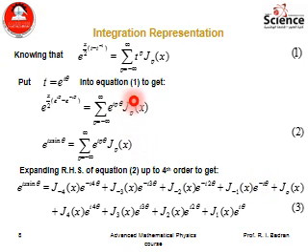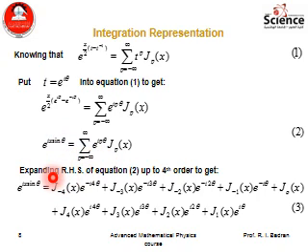Here we're going to use the generating function to get an integral representation of the Bessel function. To do that, we substitute t by e to the power i theta into this equation to get this form. Obviously, the exponent here turns out to be e to the power i x sine theta.